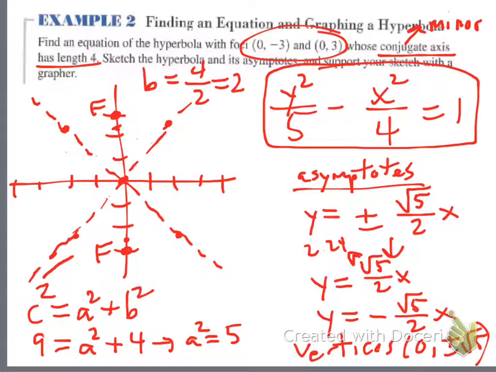Now, notice my curves go through the vertex, and they're wide because they approach those asymptotes, but they never touch them. So when you're graphing a hyperbola, really what you're doing is you have to graph vertices, asymptotes, and then draw your curves.